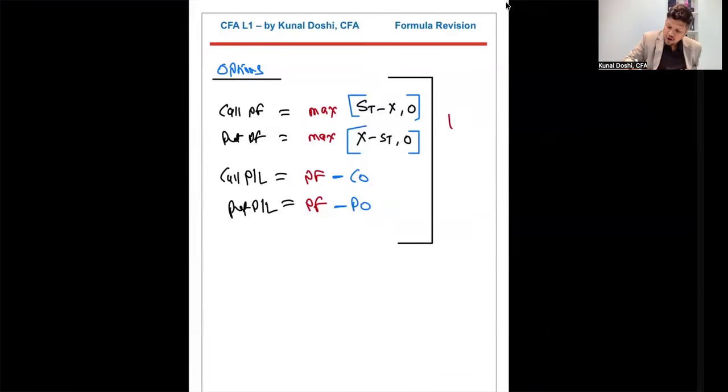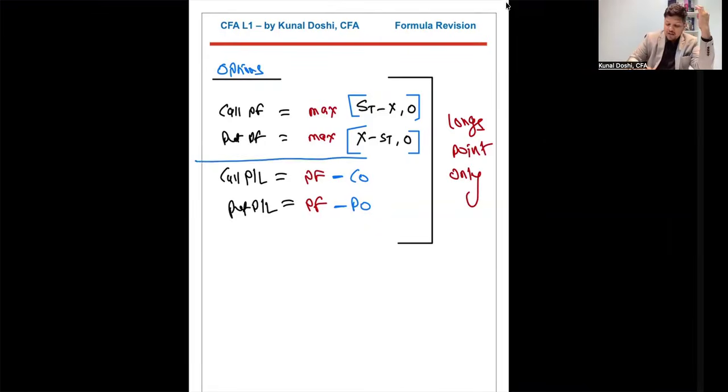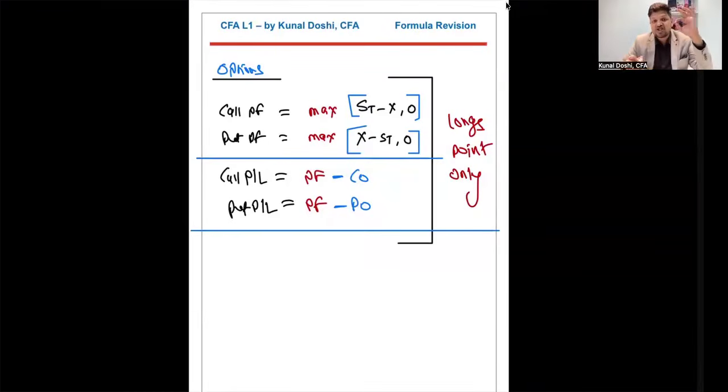All of this is from the long's point of view only. Why? Because we are always thinking from the long's point of view. Do you know the technique in exam that whenever they ask you for gain, loss or payoff, you always calculate from the long's point of view. But if the question says short, just change the sign. Clear?